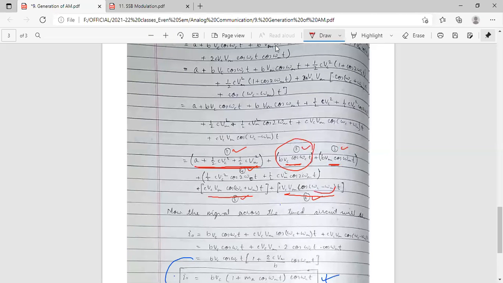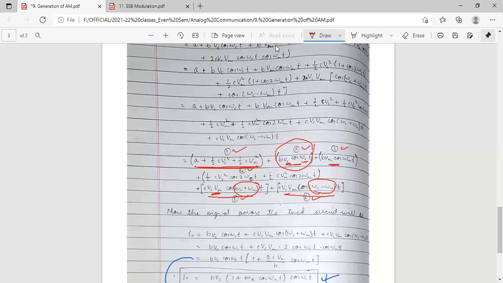So omega c minus omega m is the lower sideband, and omega c plus omega m is the upper sideband. And we have already seen that only this component of the frequency is containing the required information. But this carrier does not have any information. Okay, so we want to eliminate this carrier part and maybe one of the sidebands.